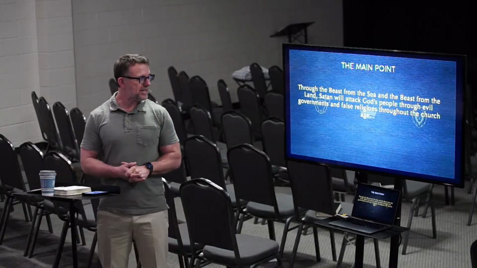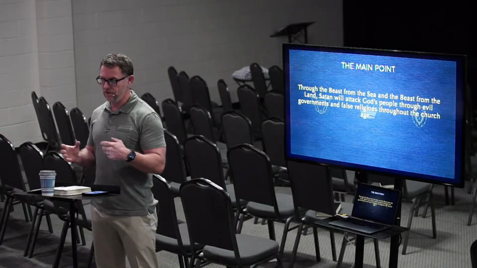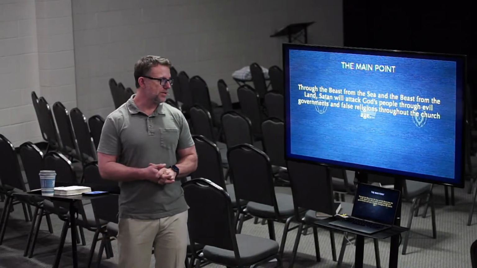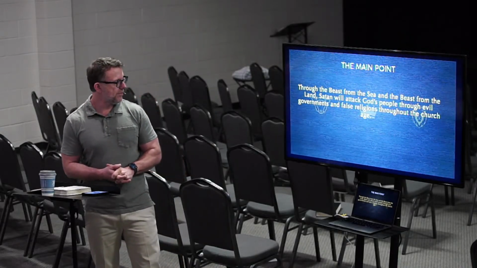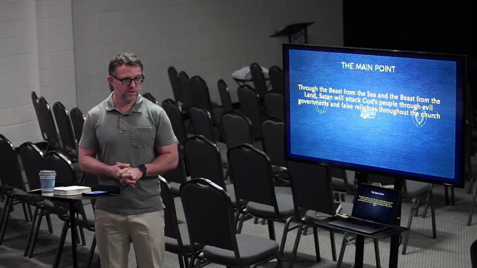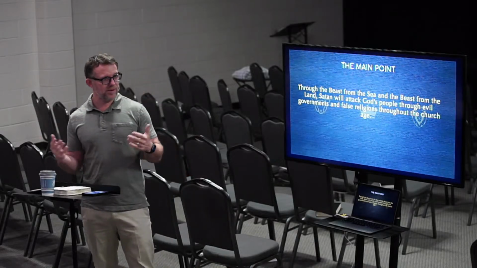That through the beast from the sea and the beast from the land, those are the 2 beasts we're talking about, through these 2 beasts, Satan will attack God's people through evil governments and false religions throughout the church age. This is going to continue to happen.